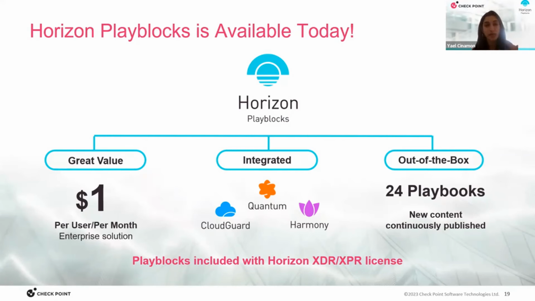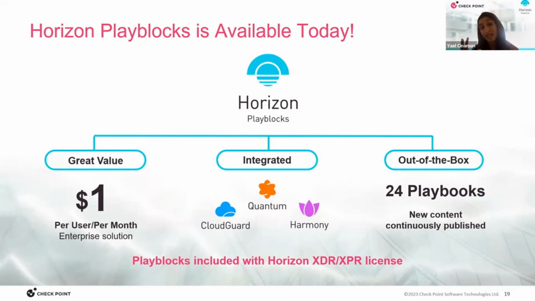And just to give you another important piece of information about the pricing, if you are only a Quantum customer that only has Quantum Gateway in your user base, you can also choose to purchase Playblocks as a blade to the Quantum Gateway.